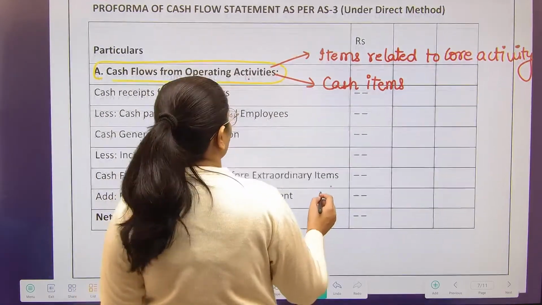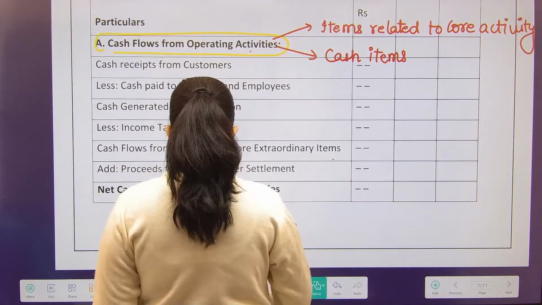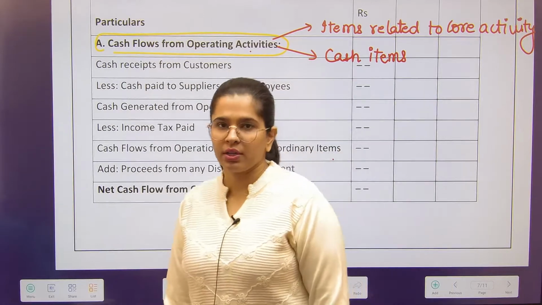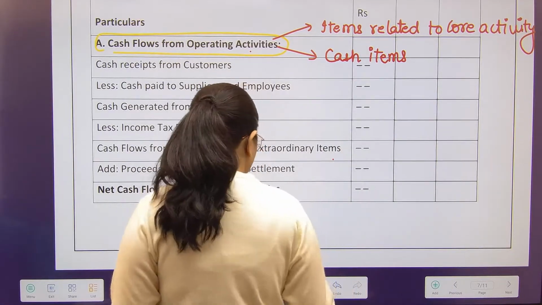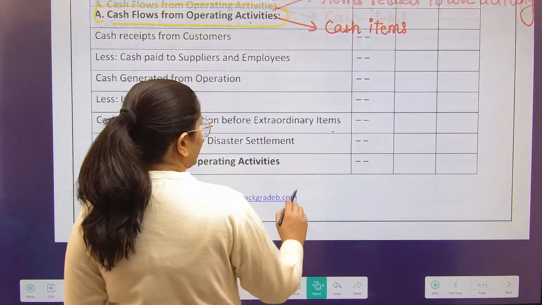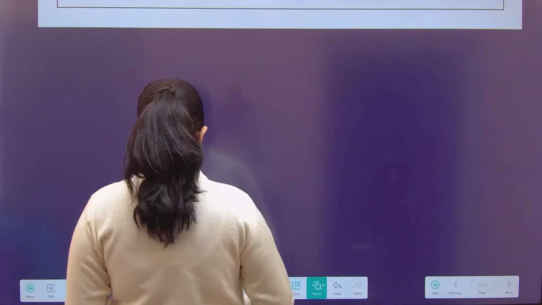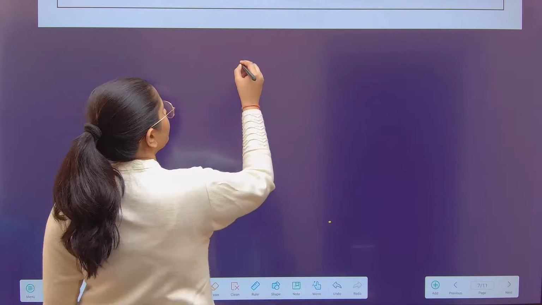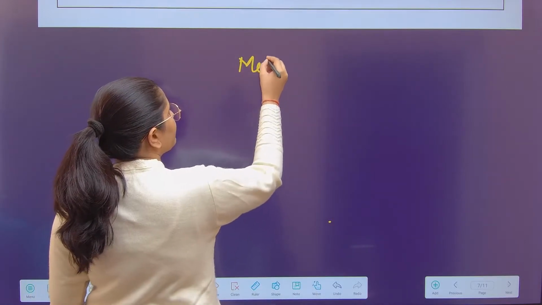Let's see how we calculate. So this is the direct method. What is the difference between the direct and indirect method? Let me tell you in a simpler way. There are two methods which we have.